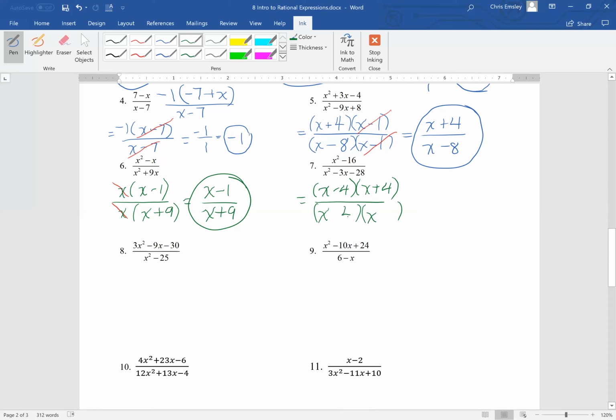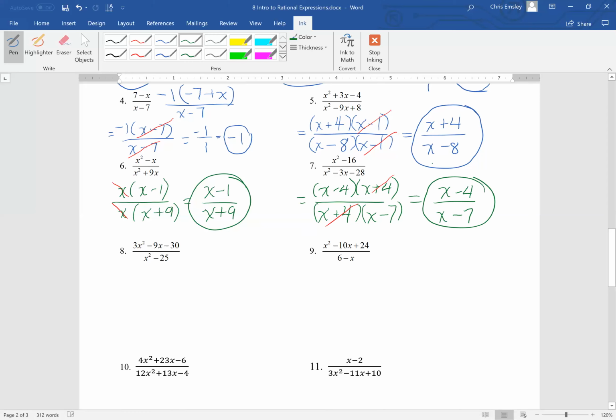That will give me that 3 in the middle. Since it's a -3, that means I need the -7 and the +4. Double check. +4 times -7 is -28. That works. So let's see what cancels here. It looks like the x plus 4s cancel. And our final answer, x minus 4 over x minus 7.